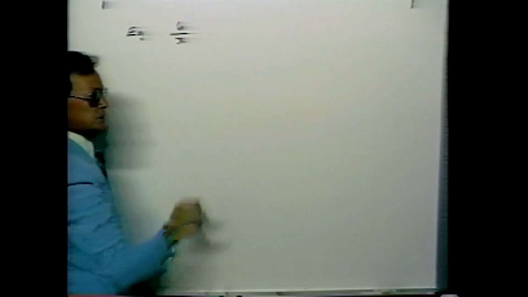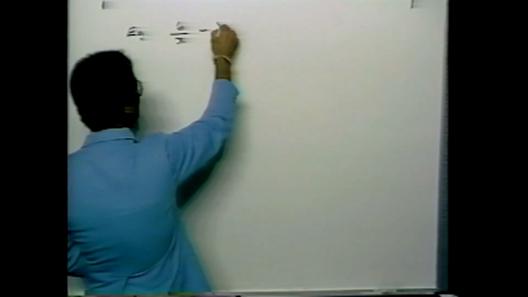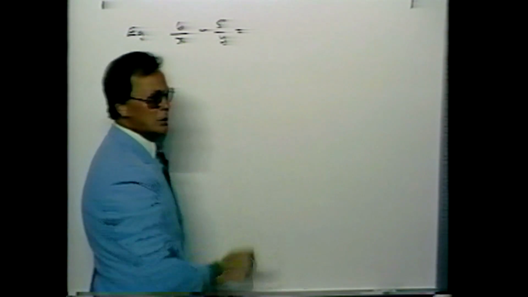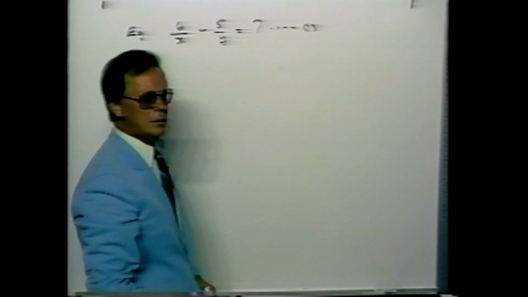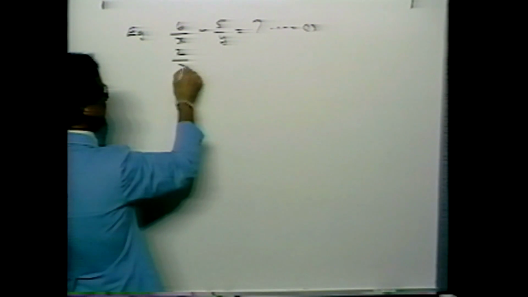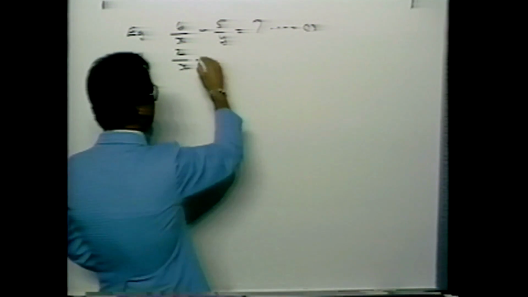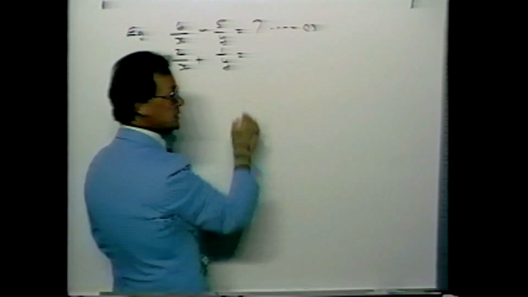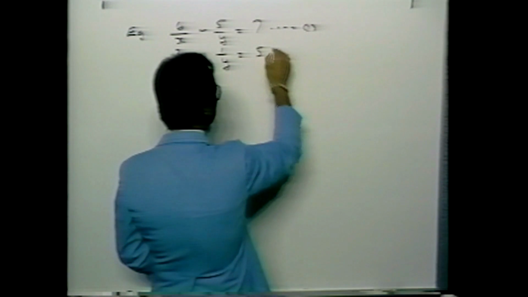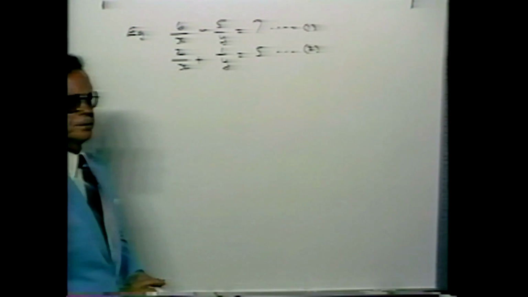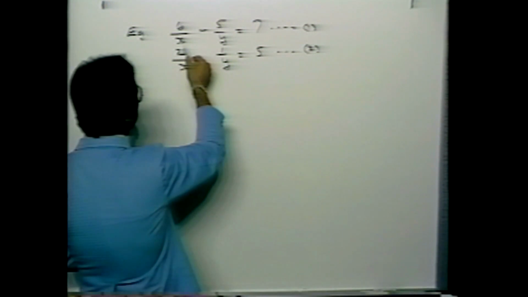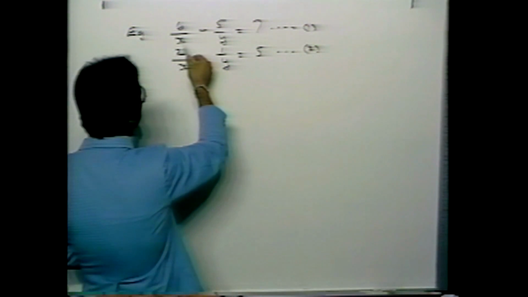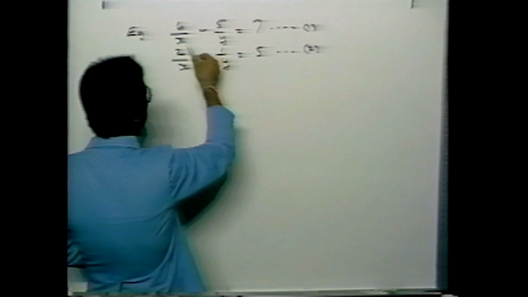For example, 6 over x minus 5 over y equals 7. This is equation 1. And 2 over x plus 1 over y is equal to 5. This is equation 2. As you can see, we have the variables in the divisor here.